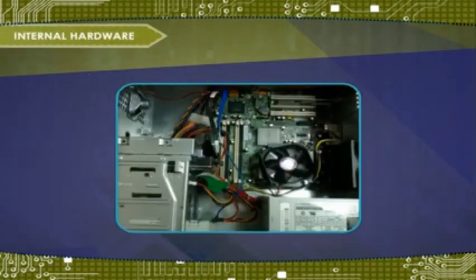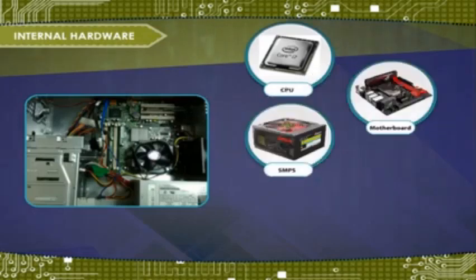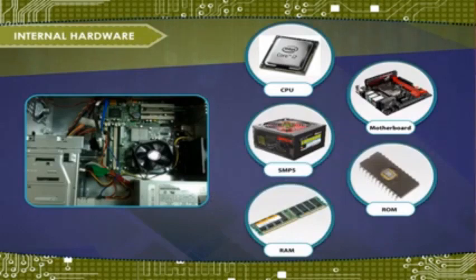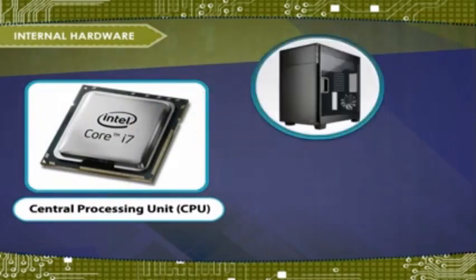Internal hardware. Internal hardware describes a device that is installed within the computer, like CPU, motherboard, SMPS, RAM, ROM, etc. Central Processing Unit, CPU. The main processing device is the CPU.